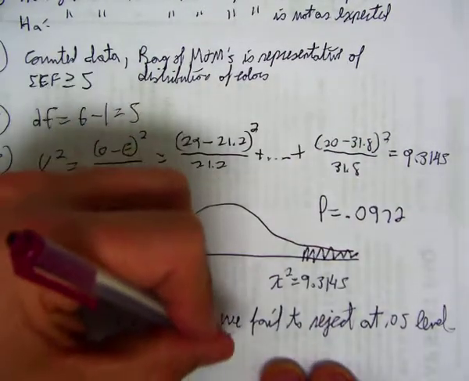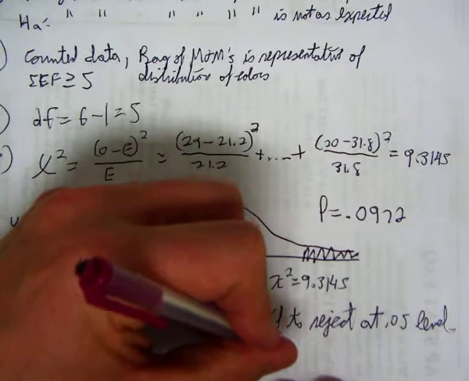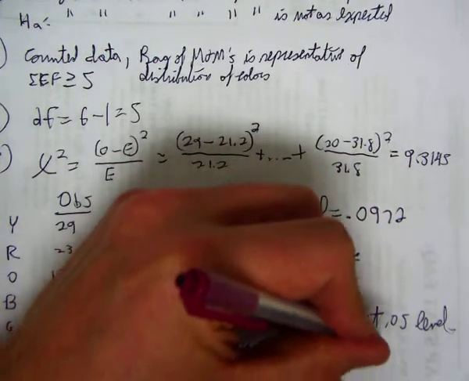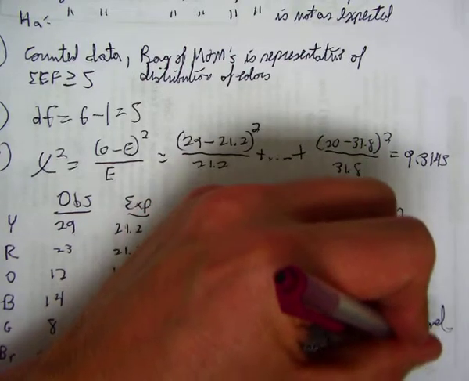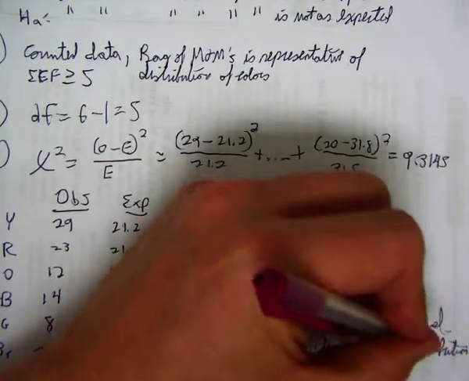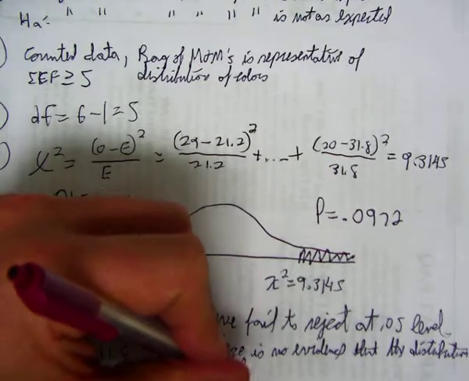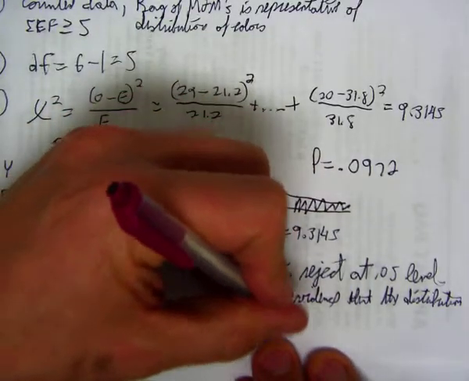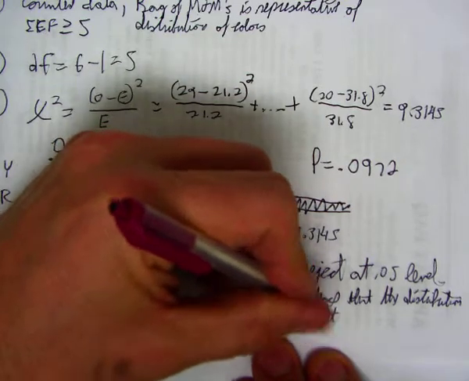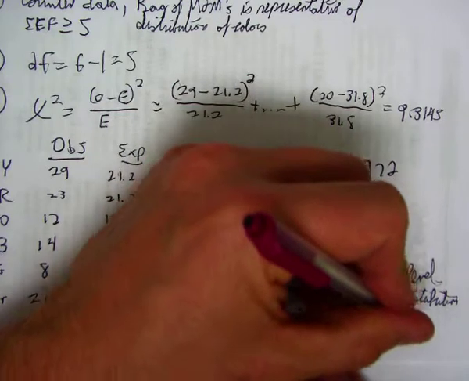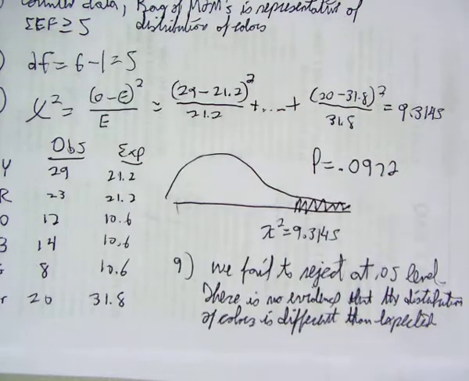So there is no evidence that the distribution of colors is different than expected. And that's our conclusion.